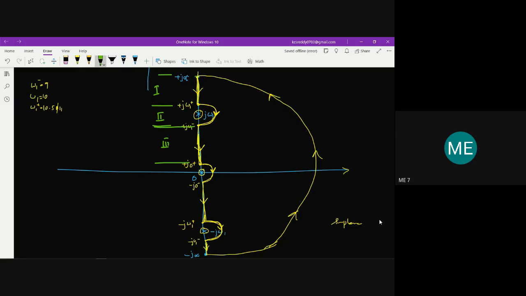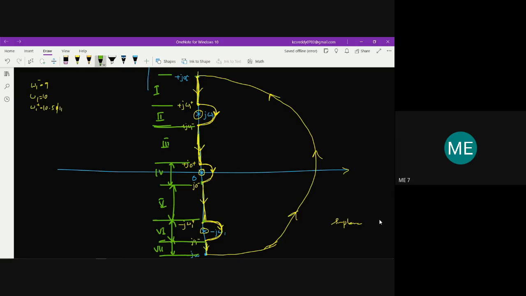Then section 4 is from here to here. Then section 5 is this one, from this point to this point. Then section 6 is from this to this. Likewise, each section. Next, section 7 is what? This is j omega 1 minus to minus j infinity. We can call it section 7.